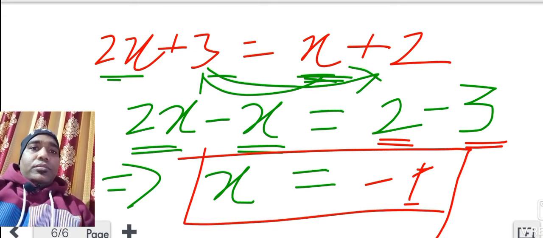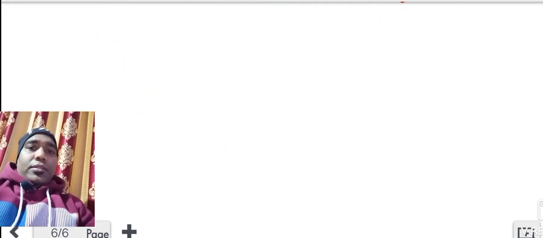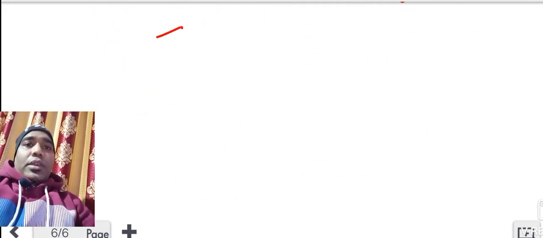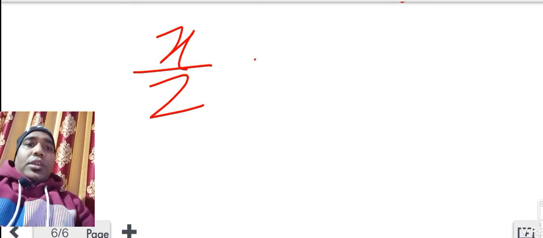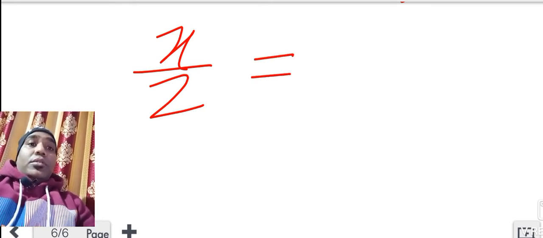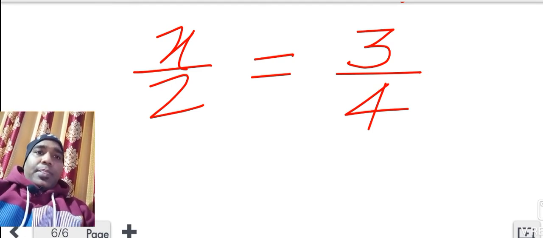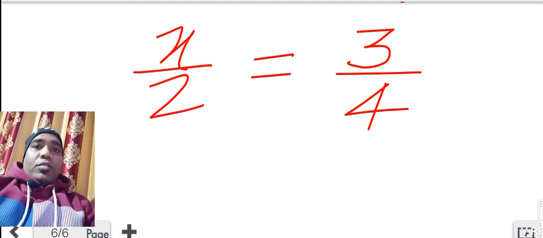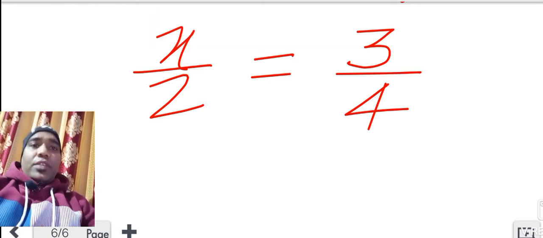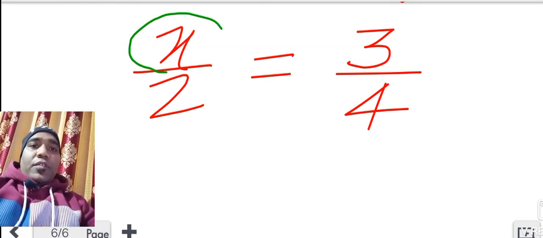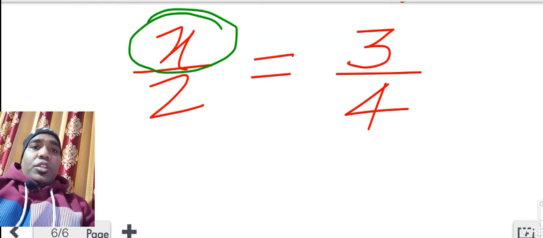Now another thing, suppose x by 2 is equal to 3 by 4. Suppose this type of equation is there, with fractions. Then what do you have to do? How to find the value of x?